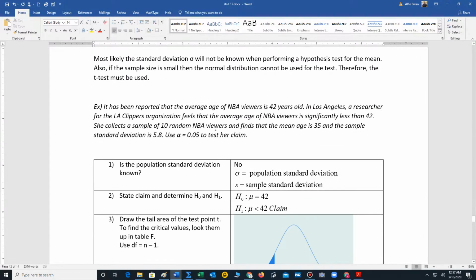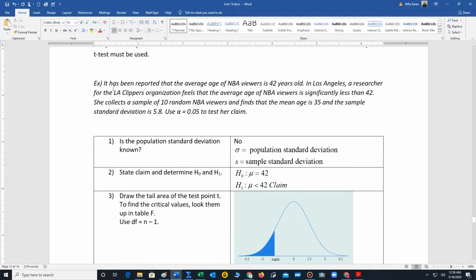So let's go through the process of performing a t-test, and it mirrors that of the z-test with some slight modifications. So here is an example. It has been reported that the average age of NBA viewers is 42 years old. In Los Angeles, a researcher for the LA Clippers organization feels that the average age of NBA viewers is significantly less than 42.